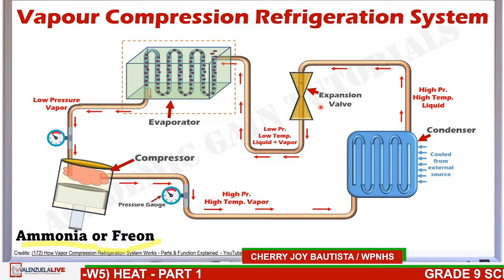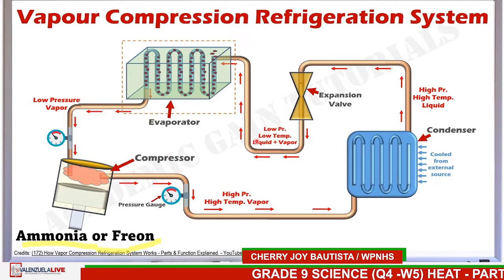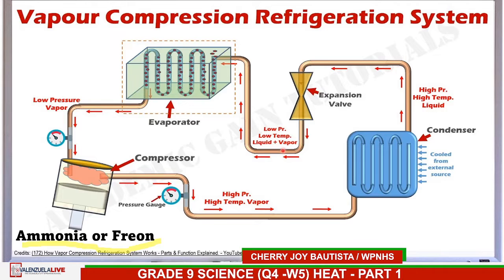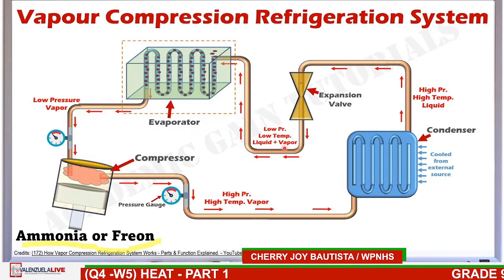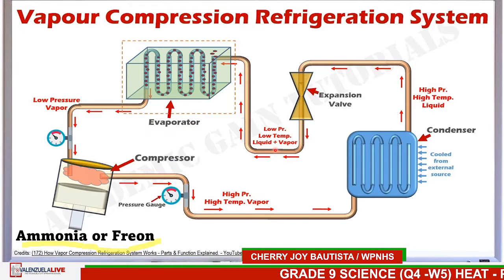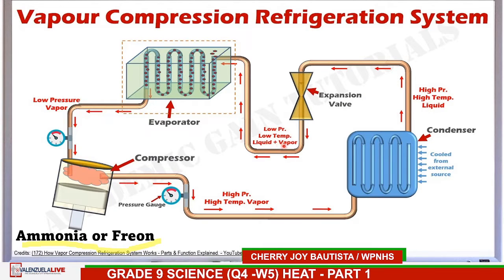So this high-pressure liquid refrigerant will be expanded into low-pressure, low-temperature liquid refrigerant. At this point, we do not get only liquid refrigerant, but here, we actually obtain a mixture of low-pressure, low-temperature liquid and vapor refrigerant. Thus, we get a mixture of very cold, chilled, low-temperature liquid and vapor refrigerant coming out of the expansion valve.